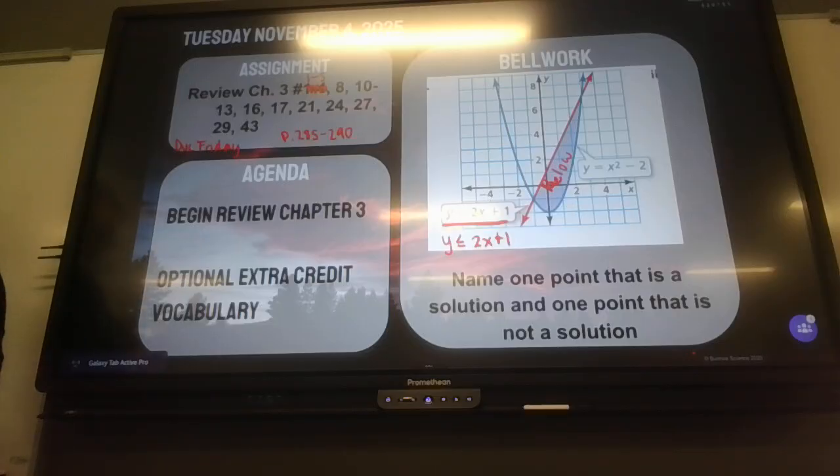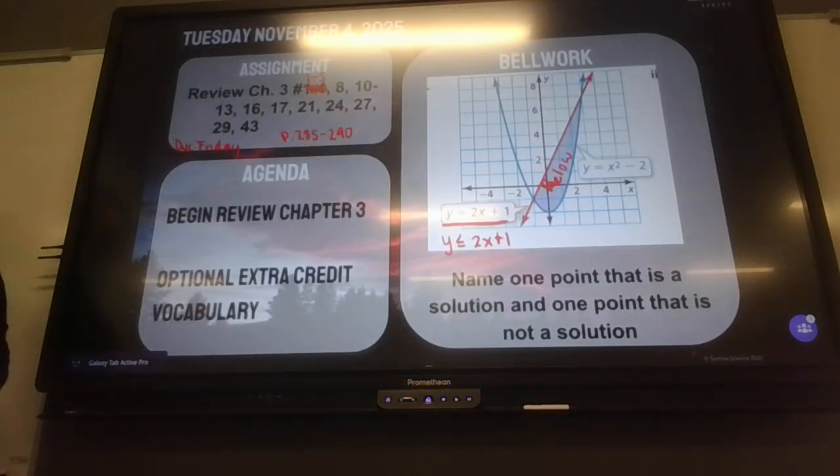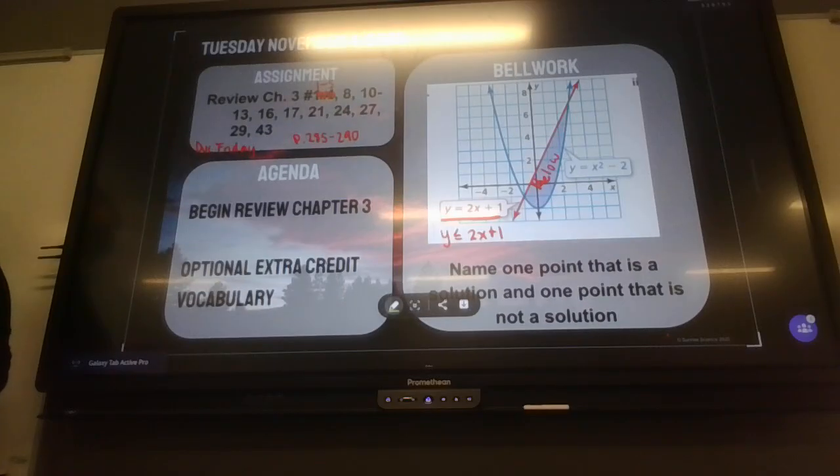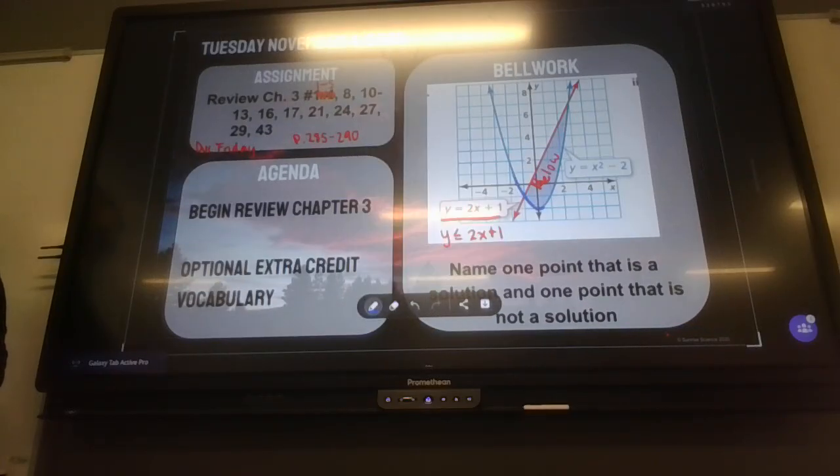Now if I focus my attention on the parabola, the blue, so when I look at this blue line, is it shaded above or below the parabola?